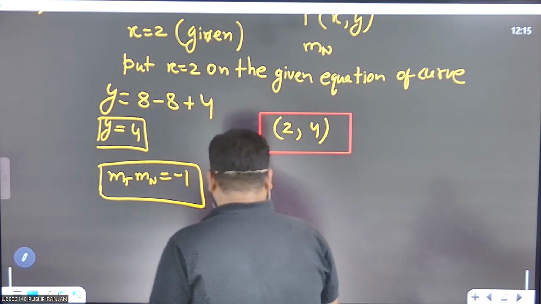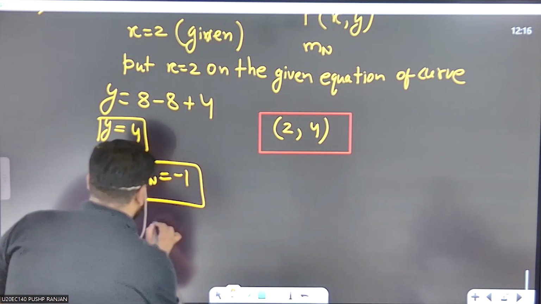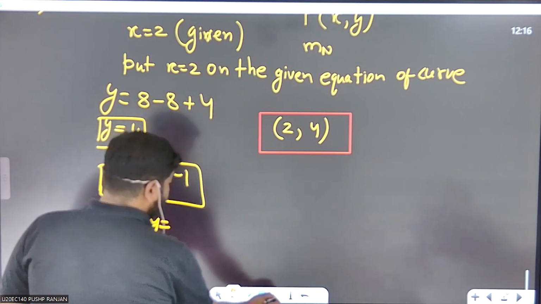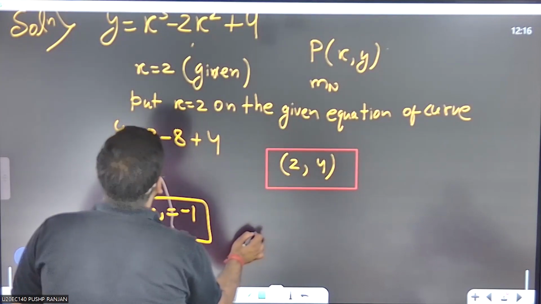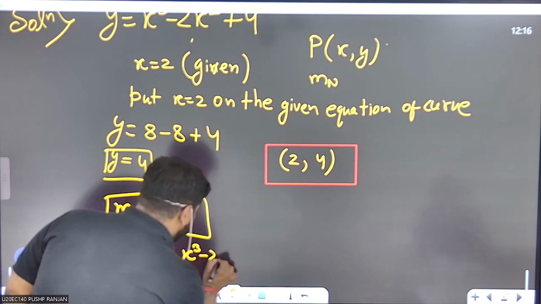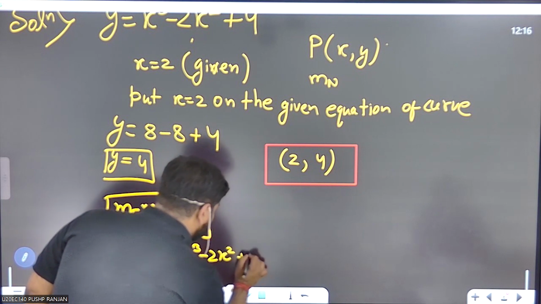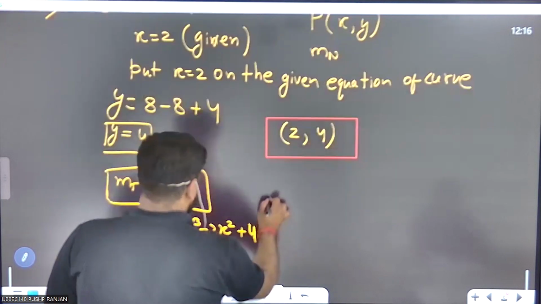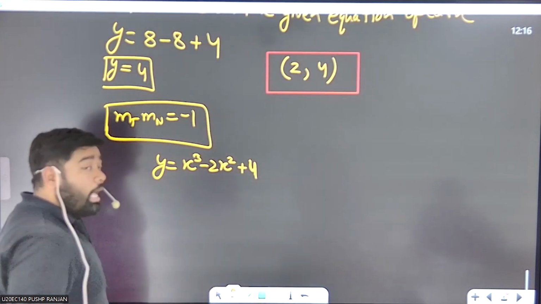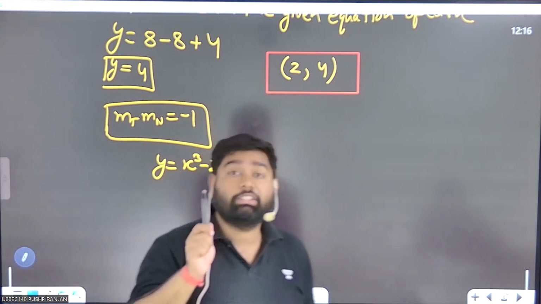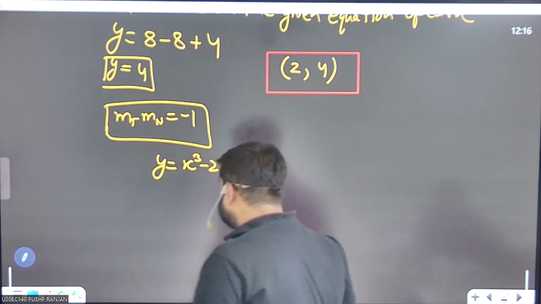The curve given is y equals x cube minus 2x square plus 4. Then I am going to find dy by dx, which is the slope of the tangent.